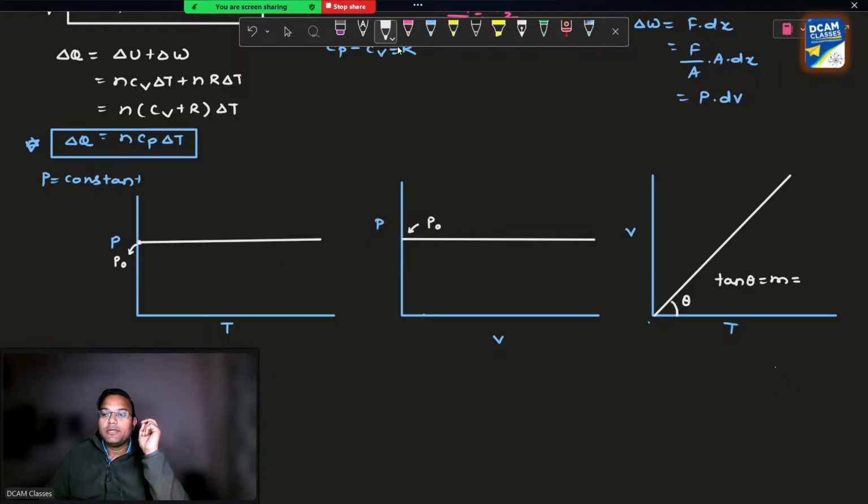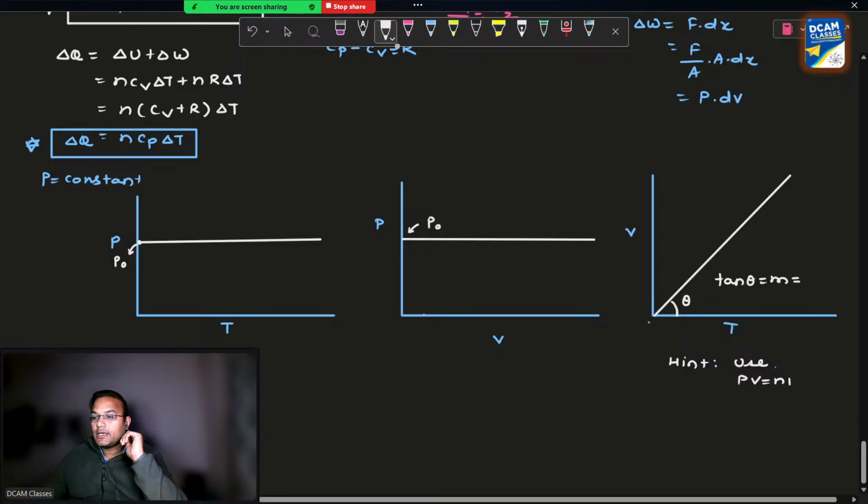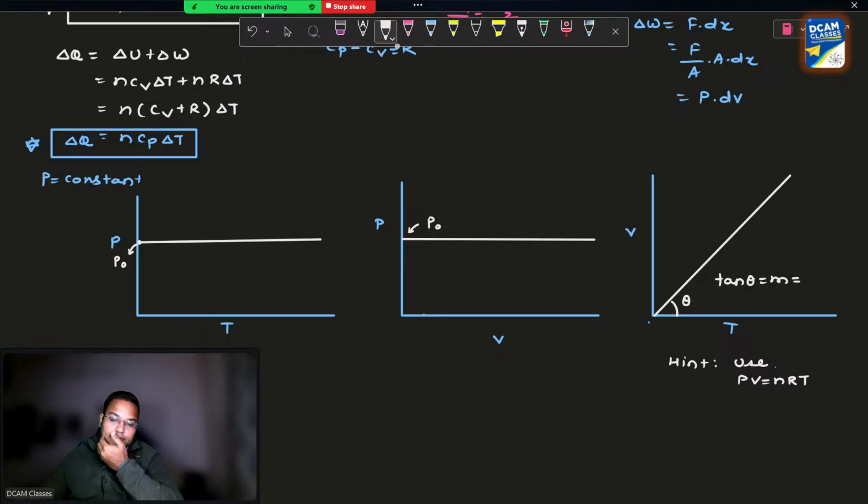Again, see, you can make use of that equation PV is equal to nRT. It's a hint. Use PV is equal to nRT to find slope of V versus T graph for isobaric process.